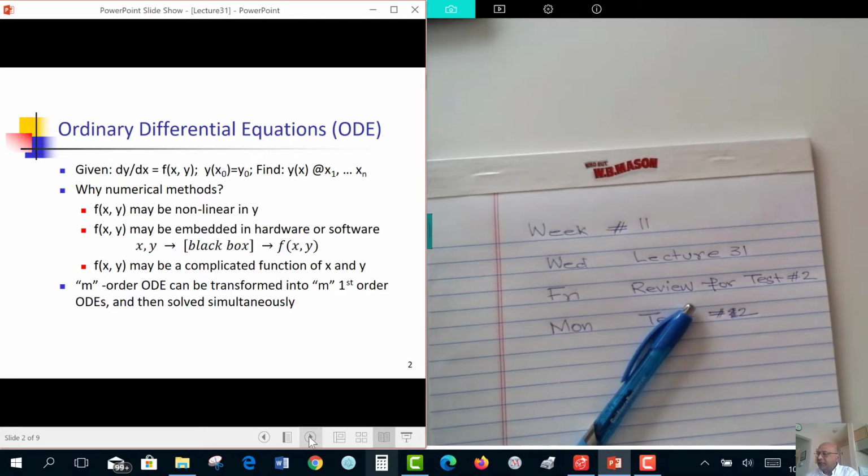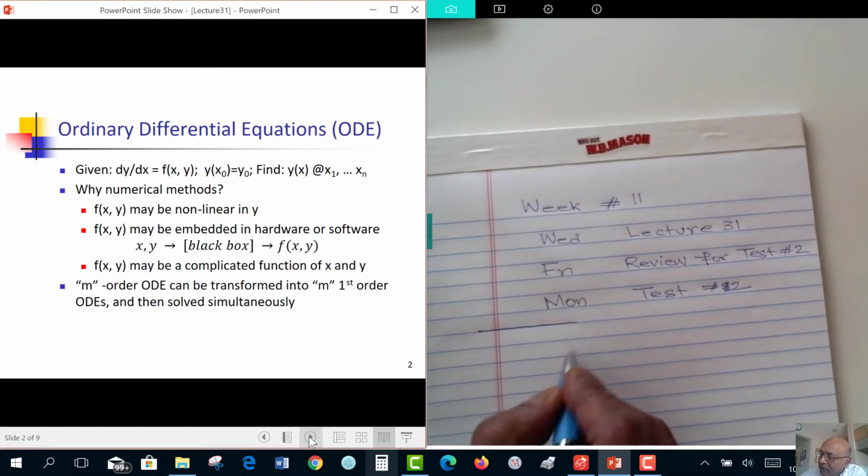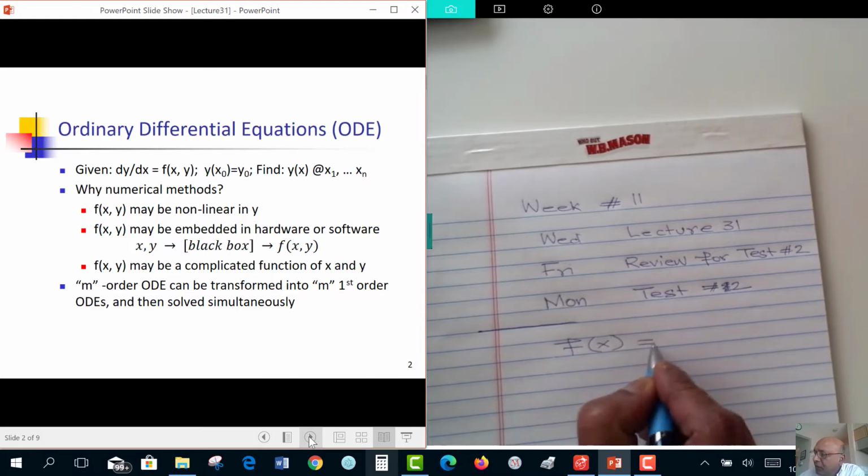Okay, so let's see what we have done so far. So I gave this review. We learned how to solve root of a function or one equation in one unknown. Then we also learned how to integrate a function.